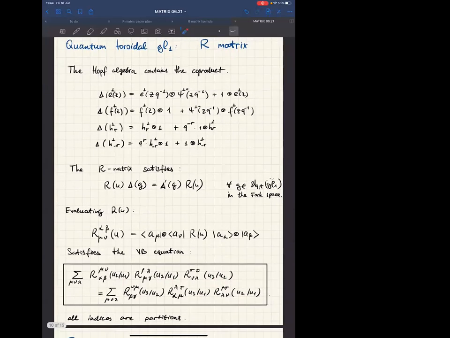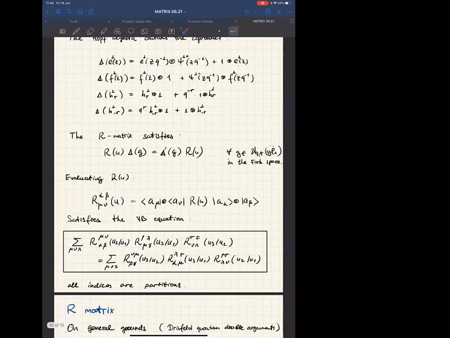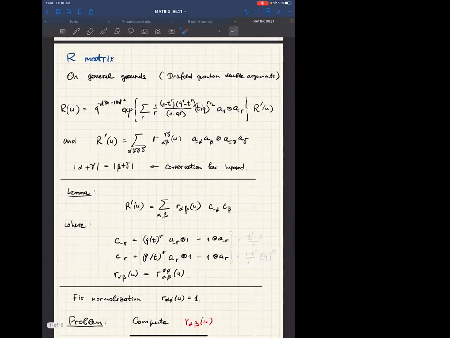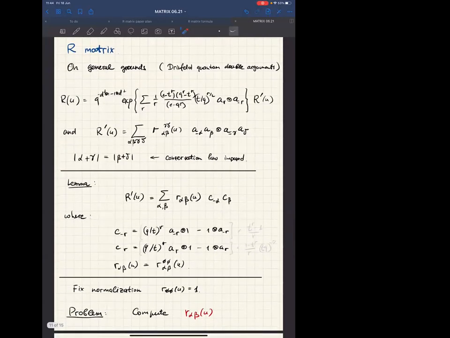Now, how do we solve this equation? I'm going to discuss this now on some general grounds. From the Drinfeld quantum double construction and the Drinfeld pairing for this algebra, we conclude that the R-matrix has to be composed of three parts. There is the degree operator, which is simple, and then there is also a simple exponential factor with the Heisenberg elements.